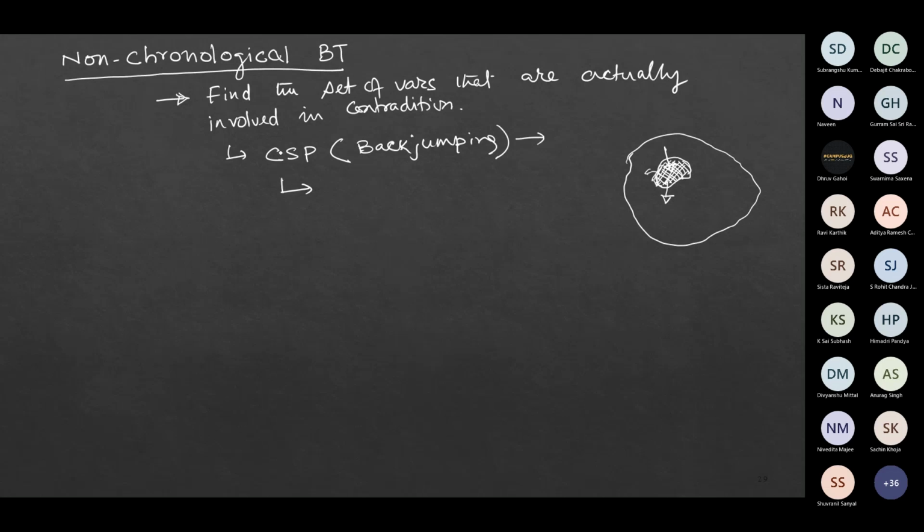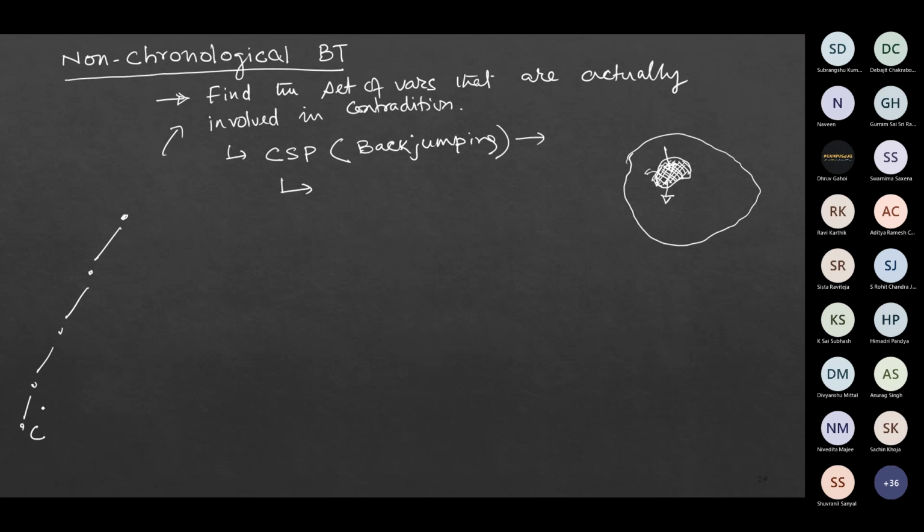And this idea has been borrowed by SAT solvers from the CSP domain, right? So what is the philosophy? The philosophy is that you backtrack to a lower level L without trying every possibility between the current level and the level L. So we have performed this assignment, and this assignment. Now this is your current level C, right?